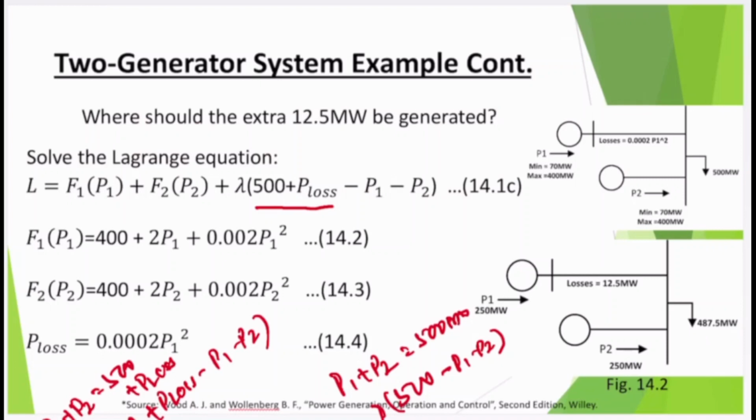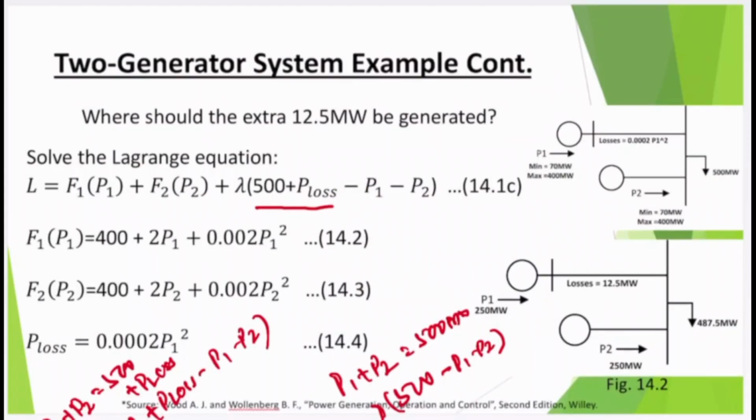That's why equation 14.1c looks like this. There are two cost equations given to me: F1(P1) is given in the form of a quadratic equation, F2(P2) is given in the form of a quadratic equation, and P loss in general is a square function of the generation output, which has been given as 0.0002 P1 square.